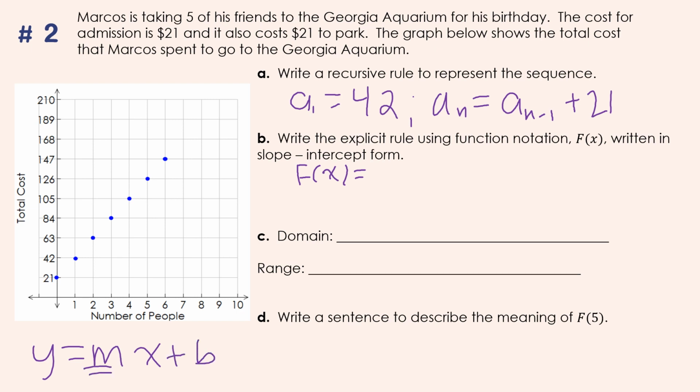And we know that that's 21 because it's $21 per ticket. B is your y-intercept. Because we have a graph, we can see that the y-intercept is 21. So we didn't have to write it in the explicit rule and rearrange it. We could have, right? It would work the same.